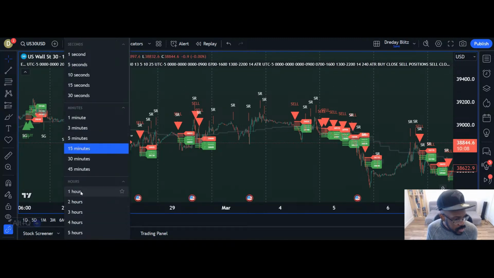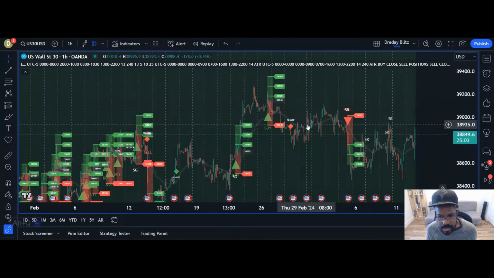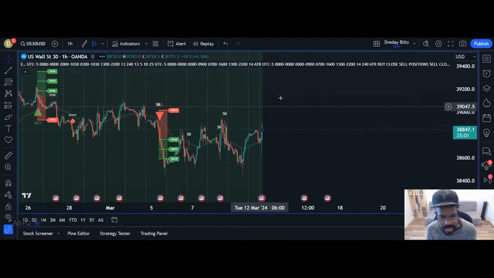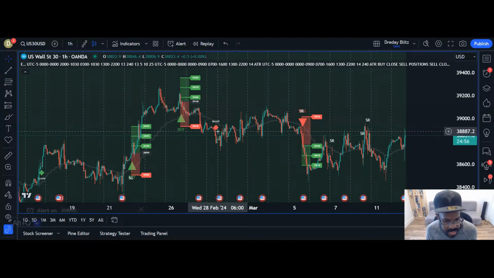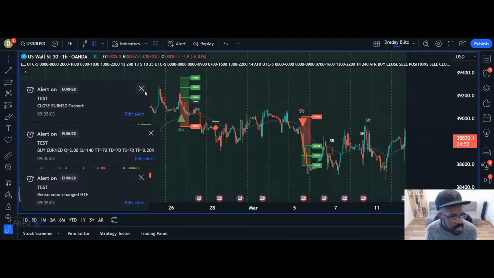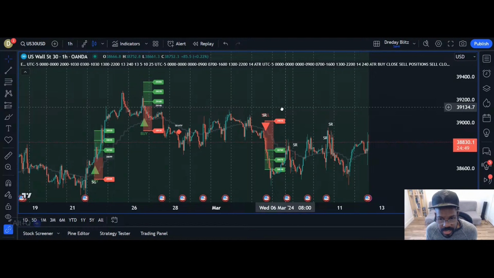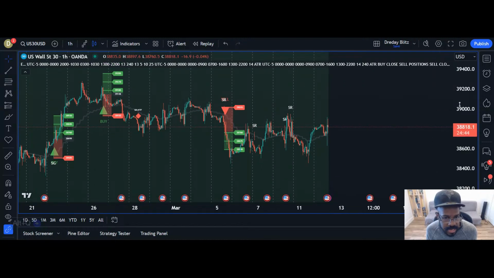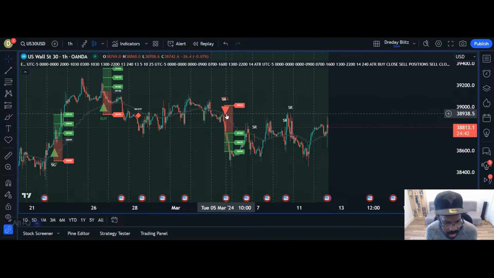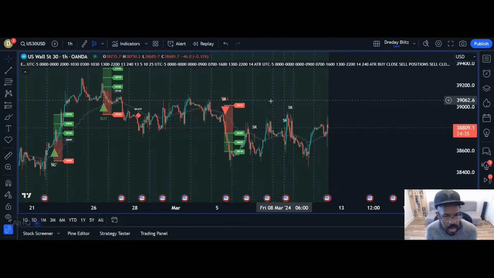If we go, let's say, on the 1-hour, it will be clearer for you guys. You're going to see exactly what I'm talking about. Since Wednesday last week, we were looking for bearishness here for the US 30, and we did have a sell setup here on Tuesday that went 1 to almost 4 off of the 1-hour.